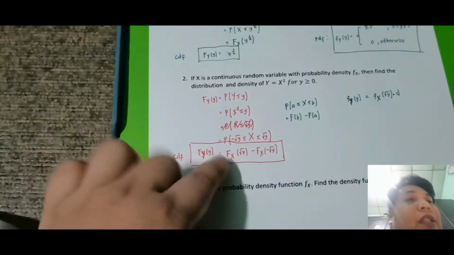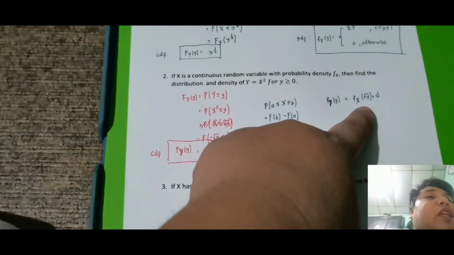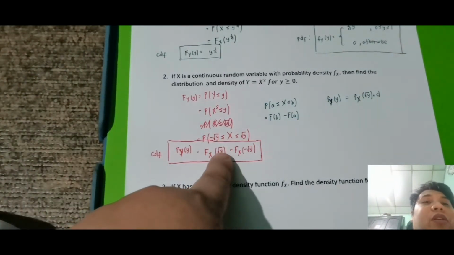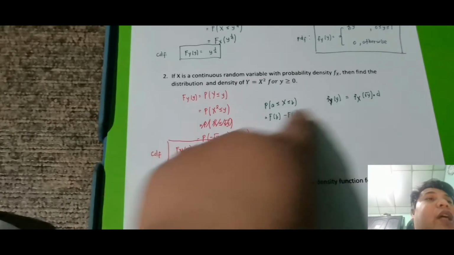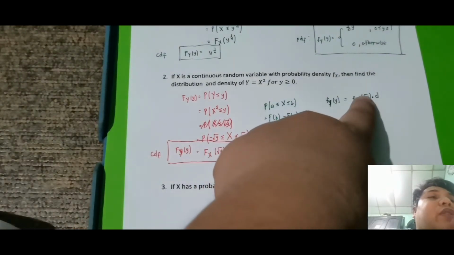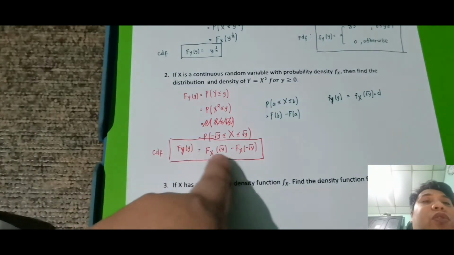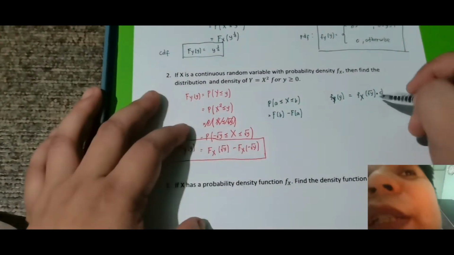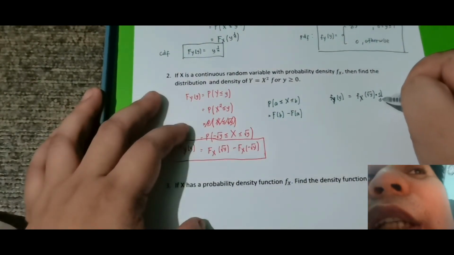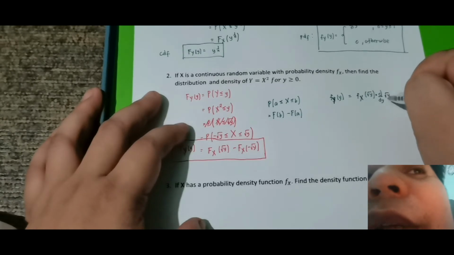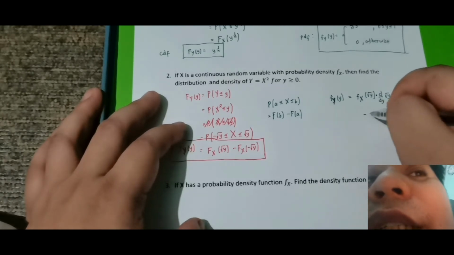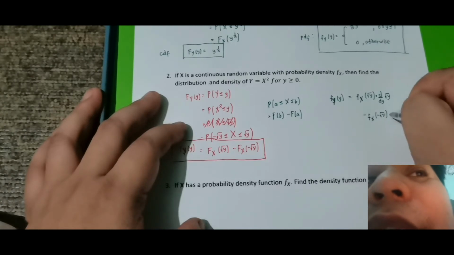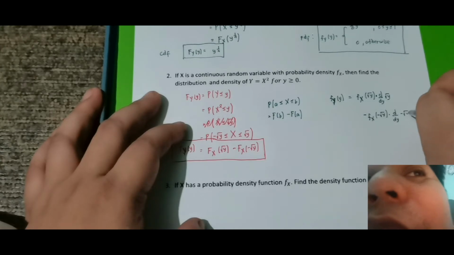With respect tayo sa y: pag nag-differentiate ka with respect sa variable sa loob, ang variable sa loob is y. So f sub X of square root of y times the derivative with respect sa y ng square root of y. Then minus f sub X of negative square root of y times the derivative with respect sa y ng negative square root of y.